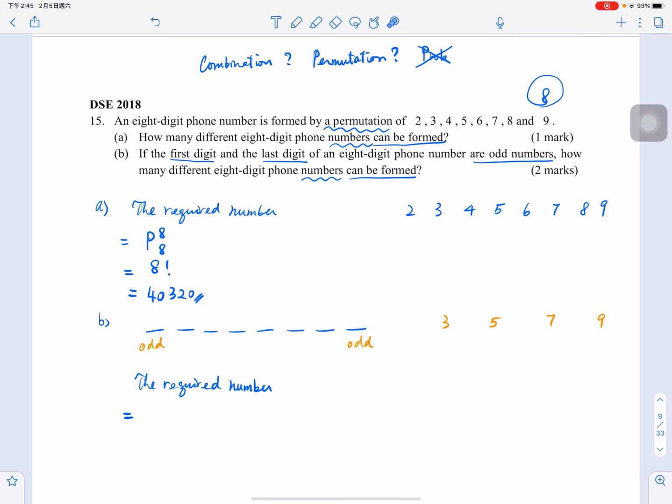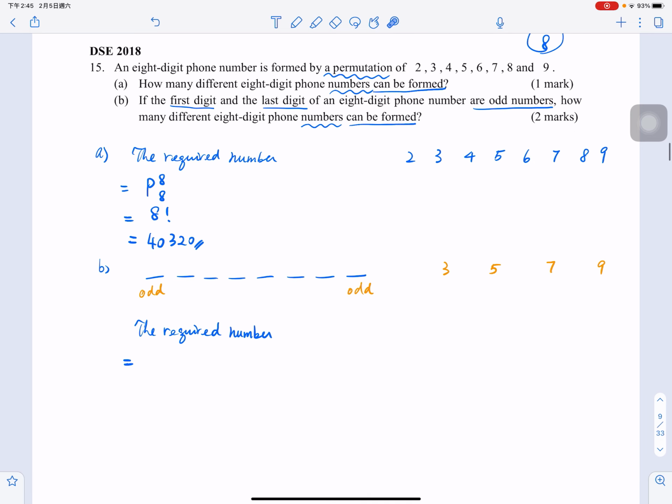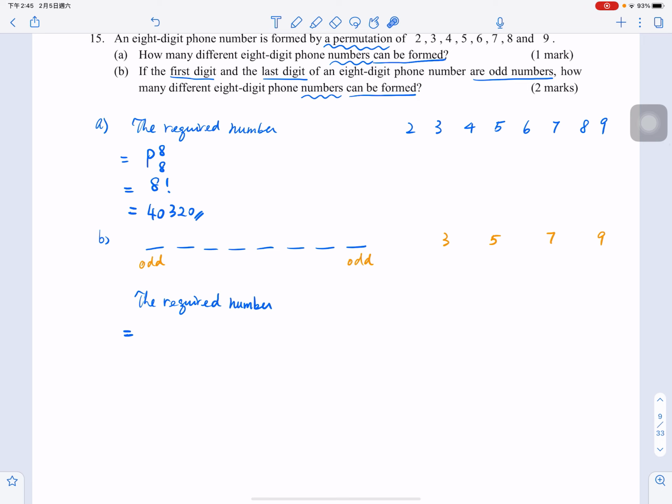Part B: if the first and the last digit of this phone number are odd numbers, that means odd and odd. From these 4, you choose 2. Is it C or P?